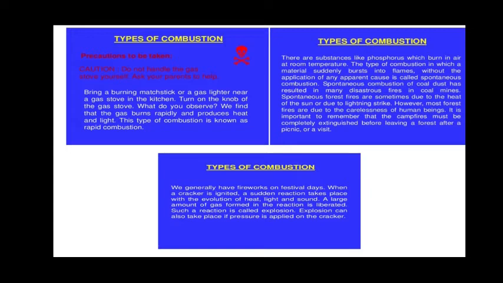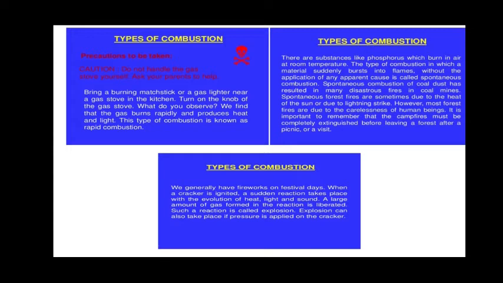Turn on the knob of the gas stove. What do you observe? We find that the gas burner rapidly starts producing heat and light. Sorry, it is not spontaneous, it is called rapid combustion. Rapid, instantaneously it happens, that is rapid combustion.